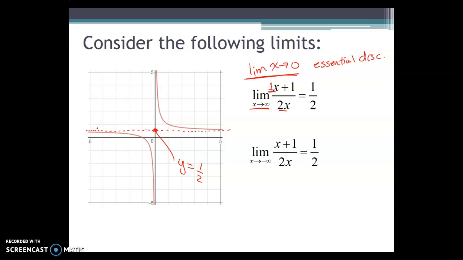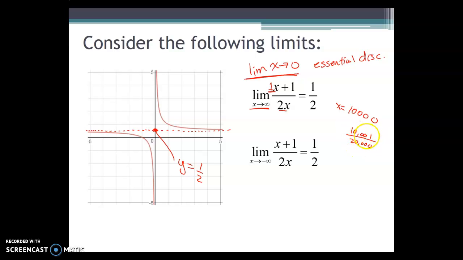What you really want to consider for a quick second is if x is really, really large. Let's just use 10,000. Why 10,000? I made it up. When x is equal to 10,000, this plus 1 is effectively irrelevant. The top would be 10,001 and the bottom would be 20,000. The plus 1 is irrelevant.